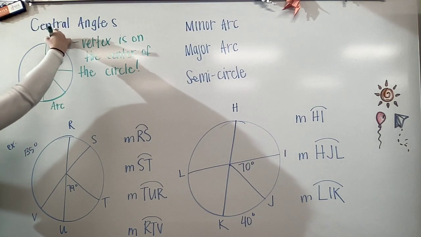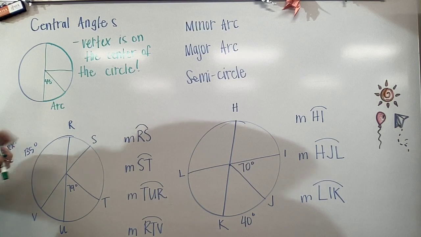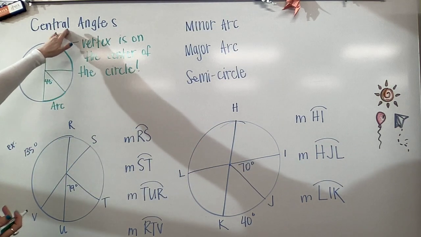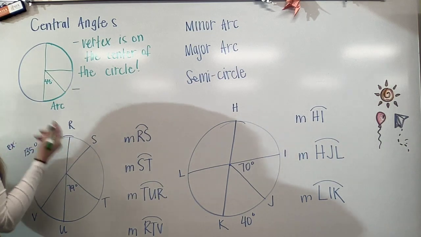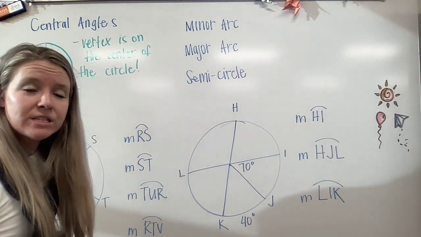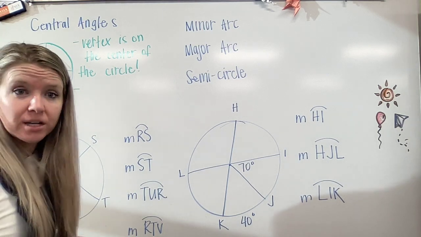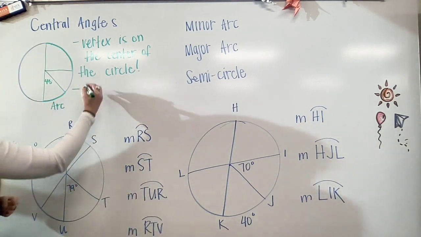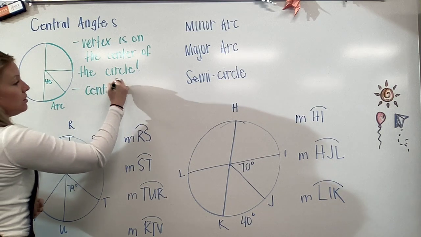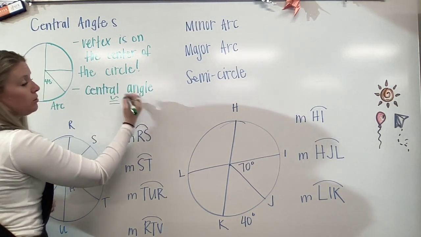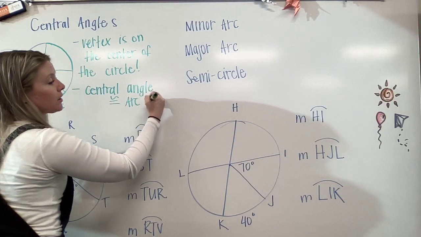So here we have another one, just to emphasize what we're looking at here. The cool thing is our central angles, their measure, their angle rotation is actually equal to the measure or angle rotation of the arc. Okay? So our central angle is going to be congruent to our arc measure.